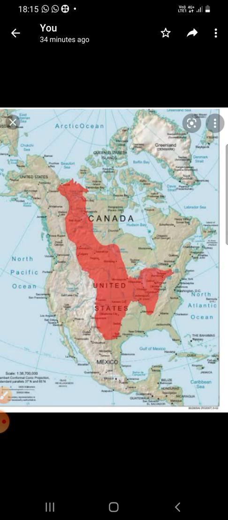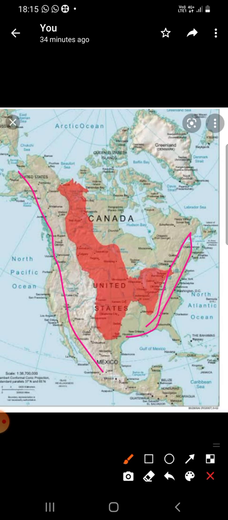Now let us learn about the Great Central Plains. The Central Plains are also referred to as the Great Plains or the Prairies. You can see all this pink or red colored part is the Great Central Plains. They lie between the Appalachian Mountains and the Western Cordilleras, so between these two mountain ranges.